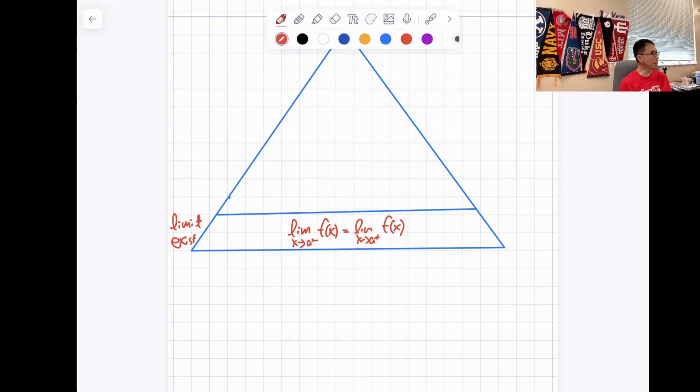Now, in terms of graphing, it's going to look something like this. The limit exists when, from the left and right, we reach the same value. So that's in terms of graphing.